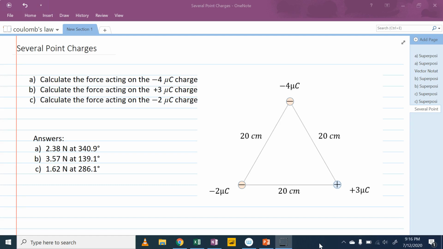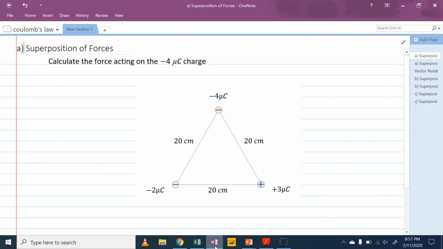In each case, A, B, C, we will want to get the total or net force acting on a particular charge. And I've listed the answers here, so you can first see if you can get these results on your own from your knowledge of vectors from Physics 1. Otherwise, we'll continue on and break it down.